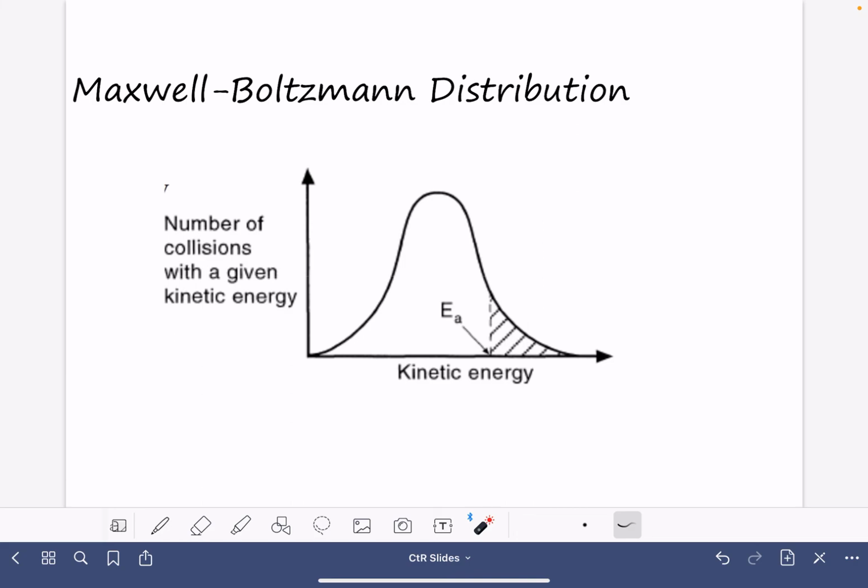The only particles that will react are the ones that have a kinetic energy that's greater than or equal to the activation energy. So all these ones will. The ones in this area don't have enough energy to react. So when the particles meet each other, they don't collide with enough force to break these bonds.